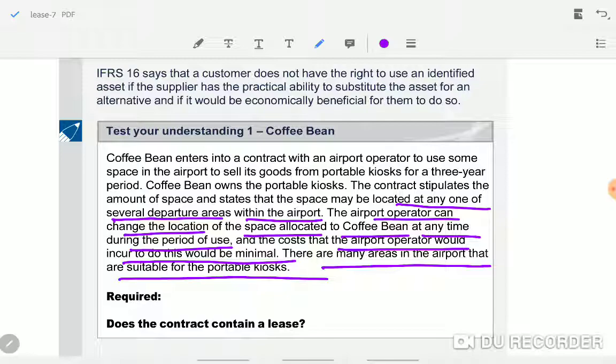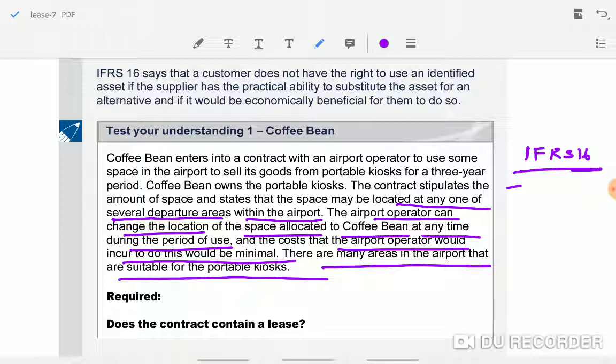First one, you should not start answering the question directly. First, you have to write the IFRS 16 general guidance given to say whether a contract is a lease contract or not. First, what is the point given in IFRS 16? They say that there should be an underlying asset identified in the contract.